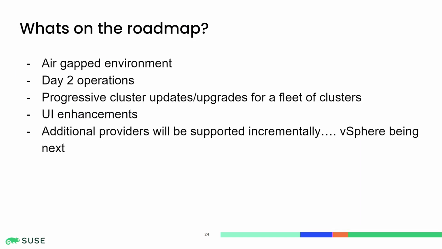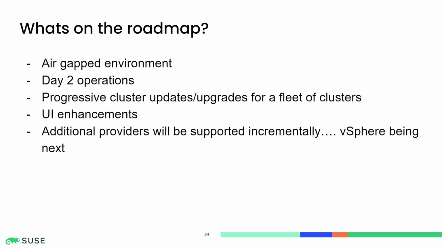We have some slides on roadmap and current status of the project. On roadmap, what we have is air-gapped environment support, day-two operations. Obviously, we'd like to support etcd backup and restore, in-place upgrades, certificate rotation. Also, progressive cluster upgrades for fleet of clusters.